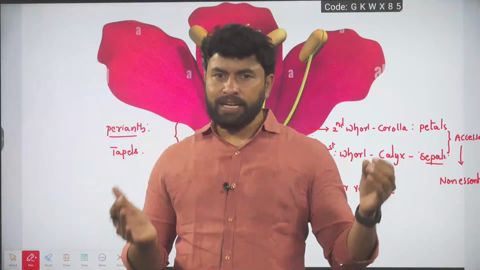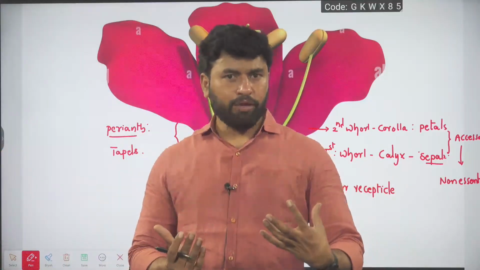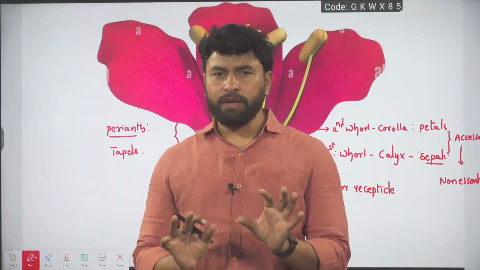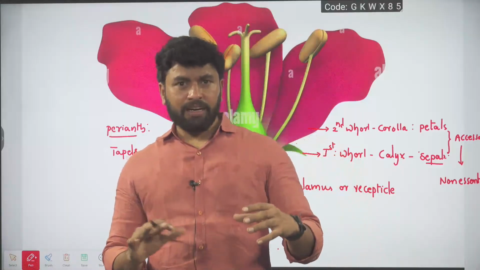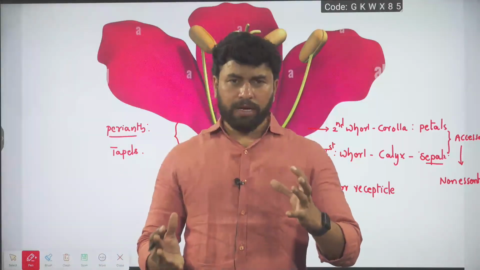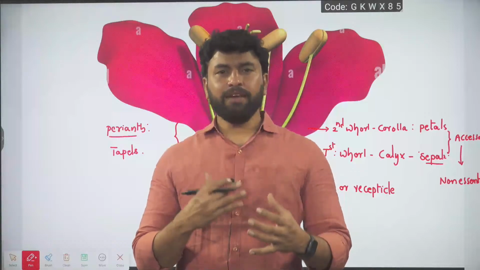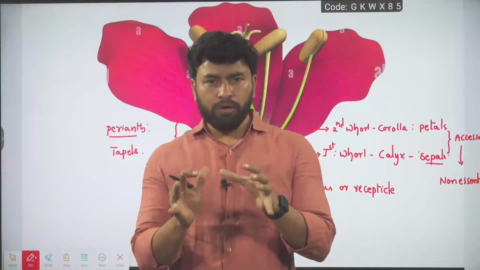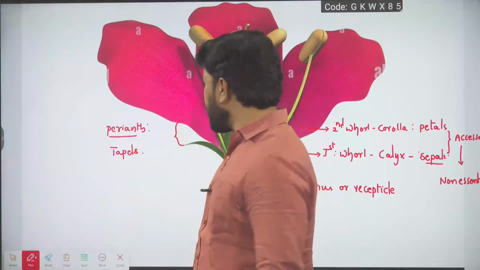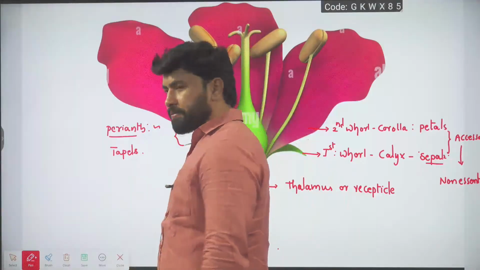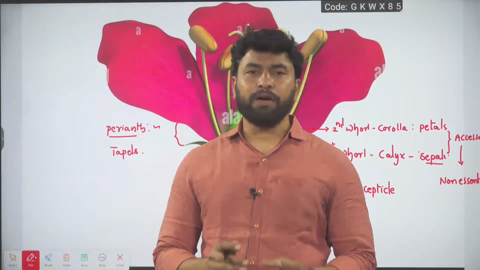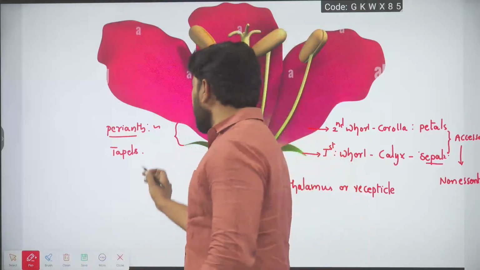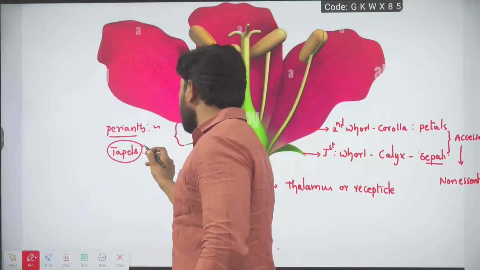Catch this. If sepals and petals are separately present, the sepal whorl is called the calyx and the petal whorl is called the corolla. They have their own work. But sometimes sepals and petals are not distinct. Both are mixed up and form a common whorl. That common whorl of sepals and petals is called the perianth. The members forming this common body are called tepals.